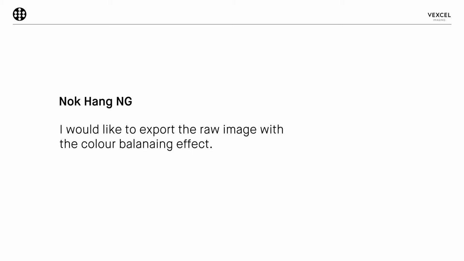Yeah. So the image data can be exported including all the color balancing, or it can be exported without any information from the color balancing at all. So we can export the images like raw, which is basically just a conversion to the TIFF file format.